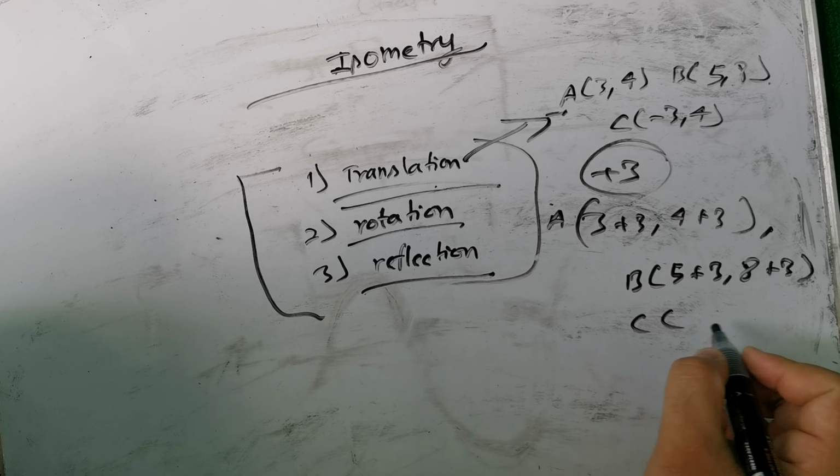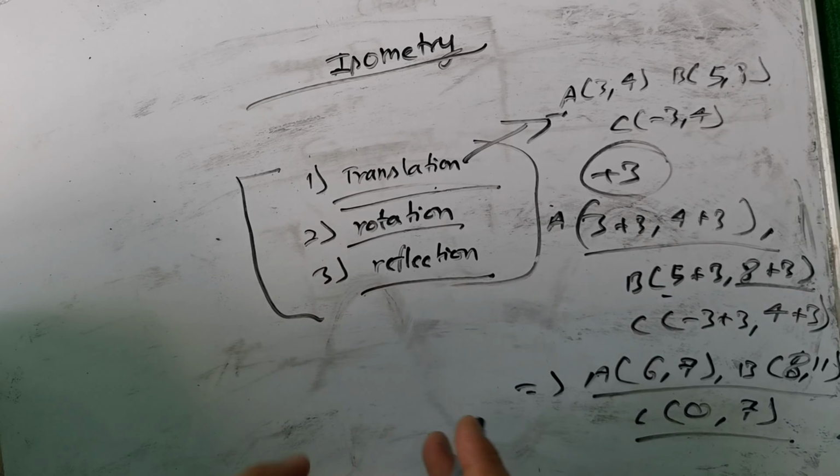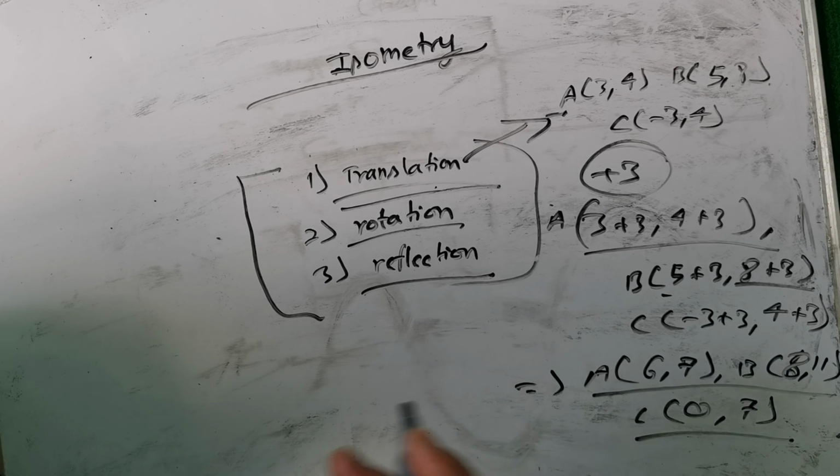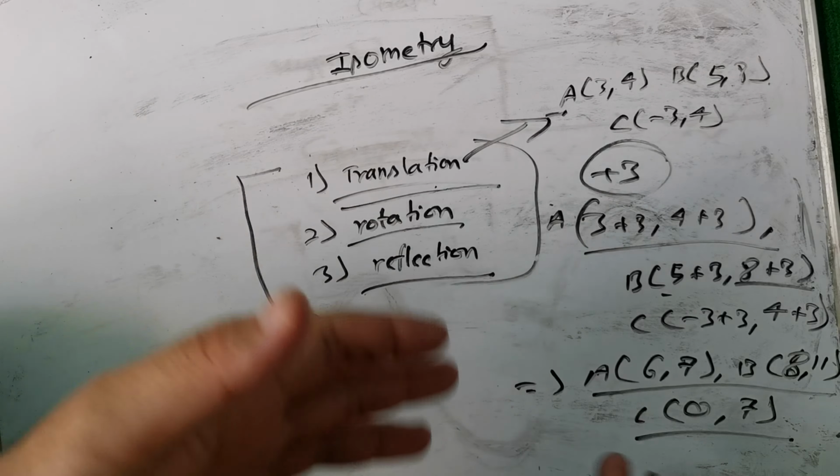This is the answer. Okay, shape and size are not disturbed, only the body is transferred from one place to another place. This is known as translation. And what is rotation?